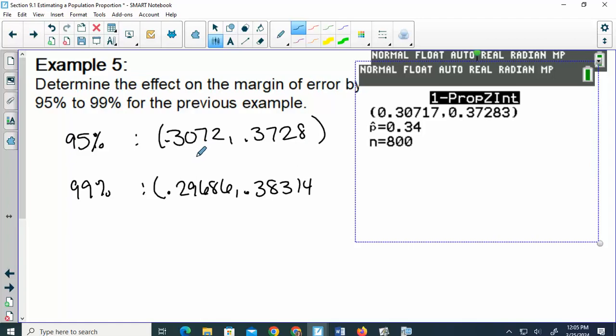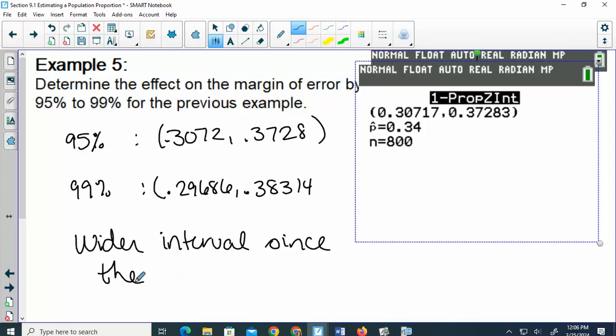So we can use our calculator on these as well. Any questions about how to do that on our calculator? And so, were we right about what would happen to the interval? Yeah. We have a wider interval since there is increased error.